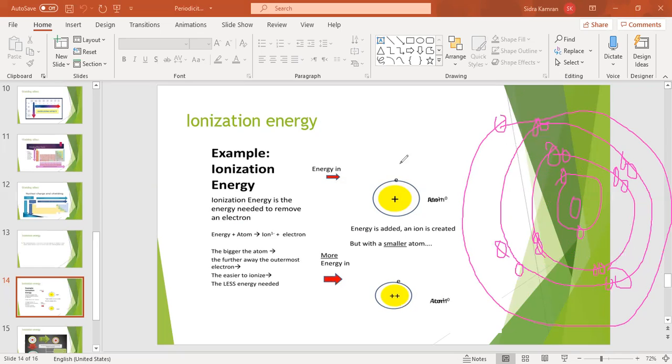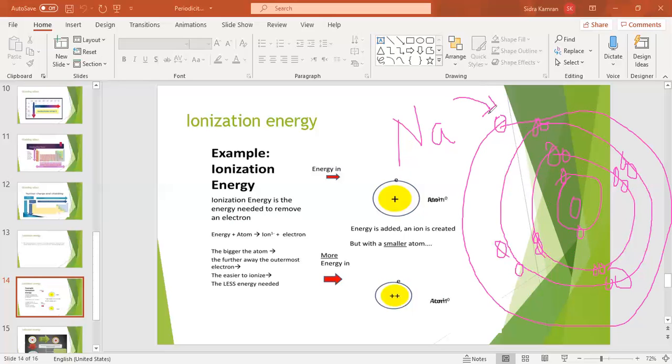As compared to sodium, for this atom you need less amount of energy, because the number of shells is increasing. The attraction between the outermost electron and the nucleus is reduced due to these electrons.